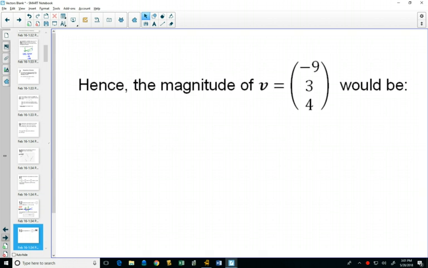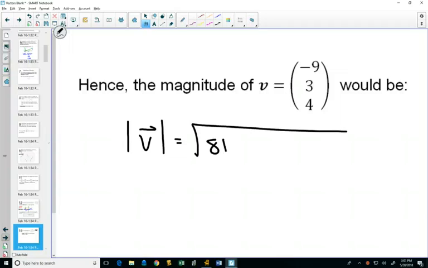So if we want to find the length of vector v, it would be 81 plus 9 plus 16, the square root of 106.